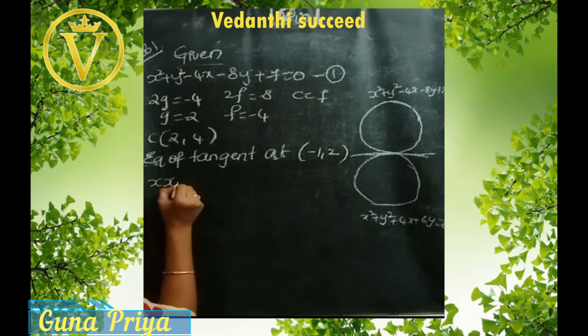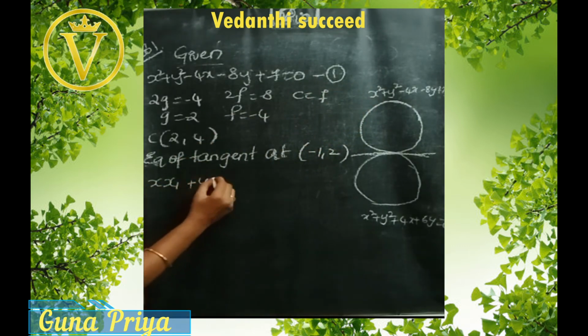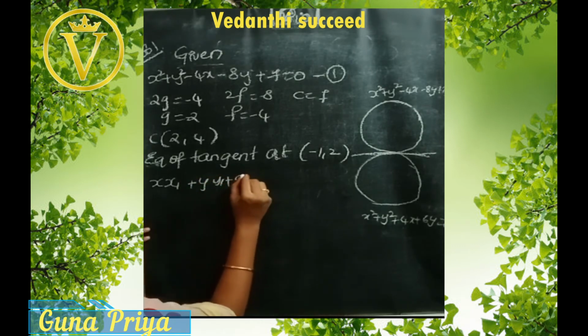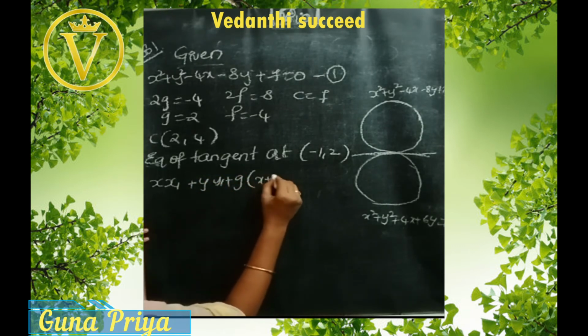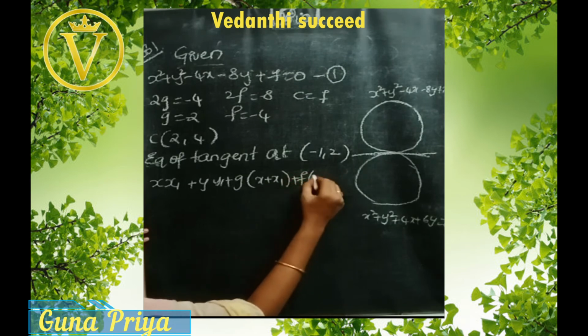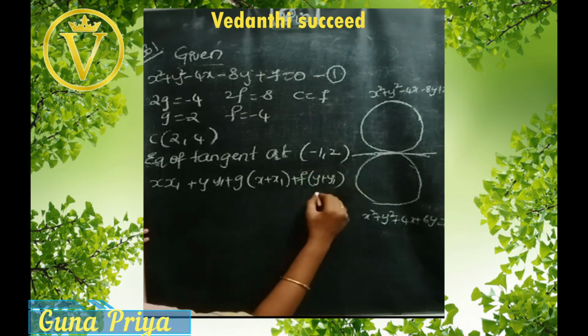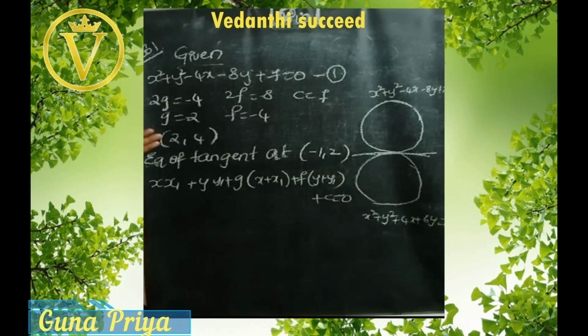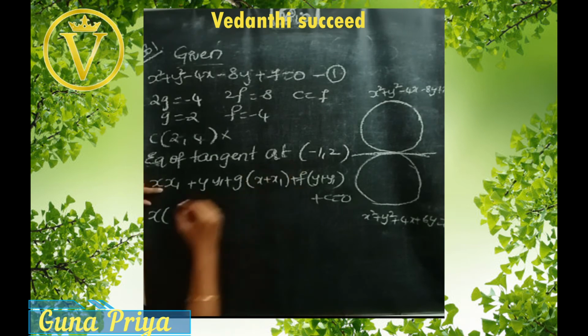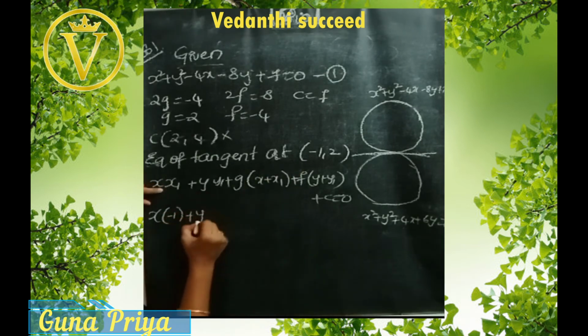So what's the formula? x(x1) plus y(y1) plus g into (x plus x1) plus f into (y plus y1) plus c equals 0. Here we don't want c. x into x1, which is -1, plus y into 2.